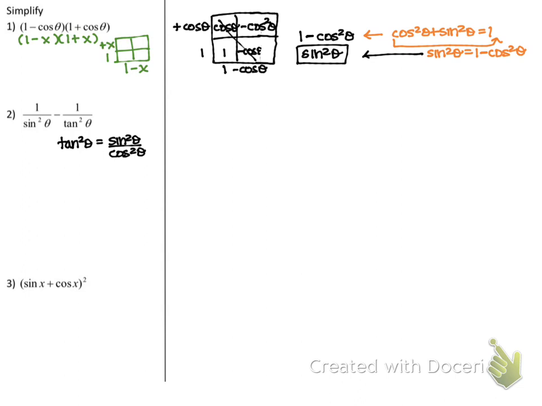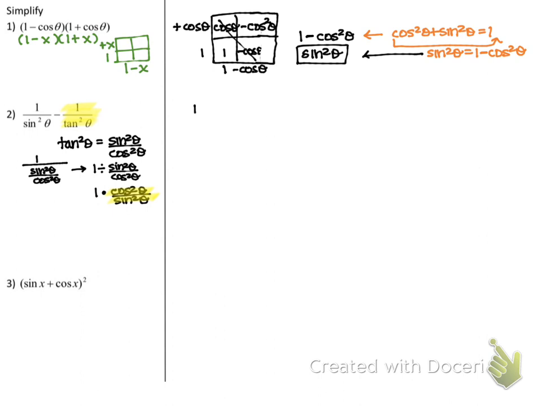But remember, if I'm going to do 1 divided by sine squared over cosine squared, or years ago, it was keep, change, flip. So this here, well, 1 times cosine squared over sine squared is just cosine squared over sine squared, which is going to replace my 1 over tangent squared theta.